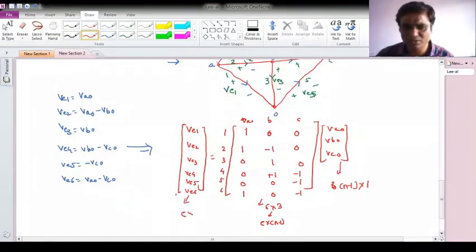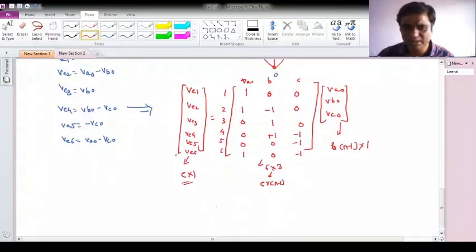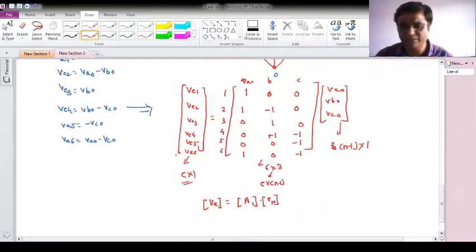Edge, so number of edges into 1. So this also I can write as simply one vector VE, which will be this matrix A1 into the node voltages, say I am writing Vn. So the size is here E by 1, here E into n minus 1, and here n minus 1 into 1.